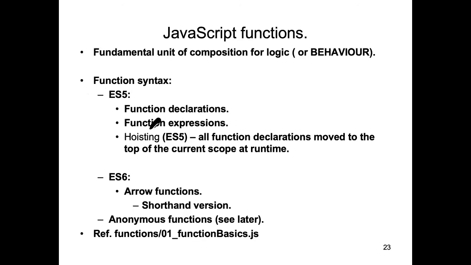This topic of hoisting arose in a discussion that we had in the lab two weeks ago. This idea that you could declare a function within a file, let's say, and you could invoke that function prior to its declaration, which was kind of an odd thing when you looked at the source code. But the reason that was possible was because at runtime, the function declarations are moved to the top of the file, if you like.